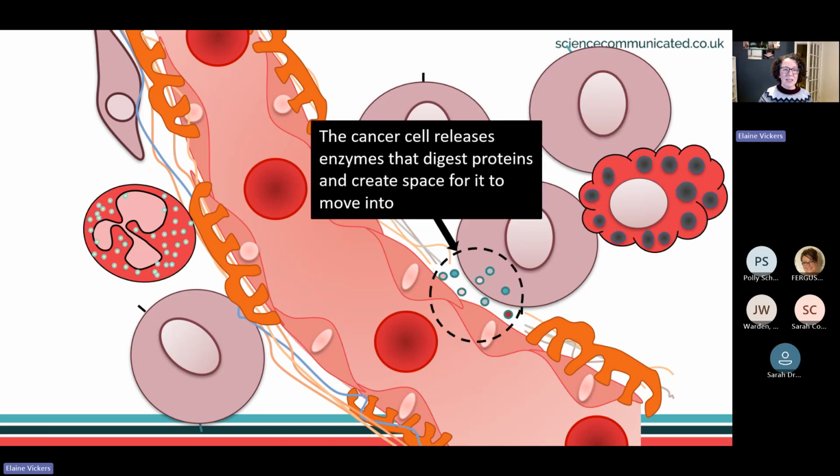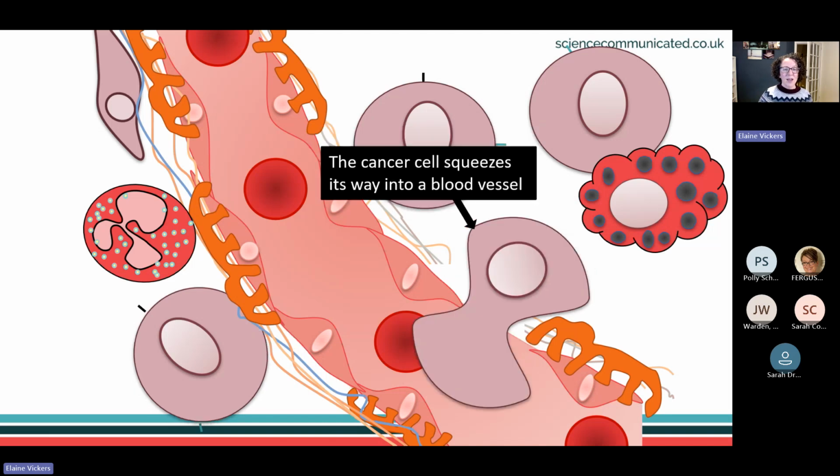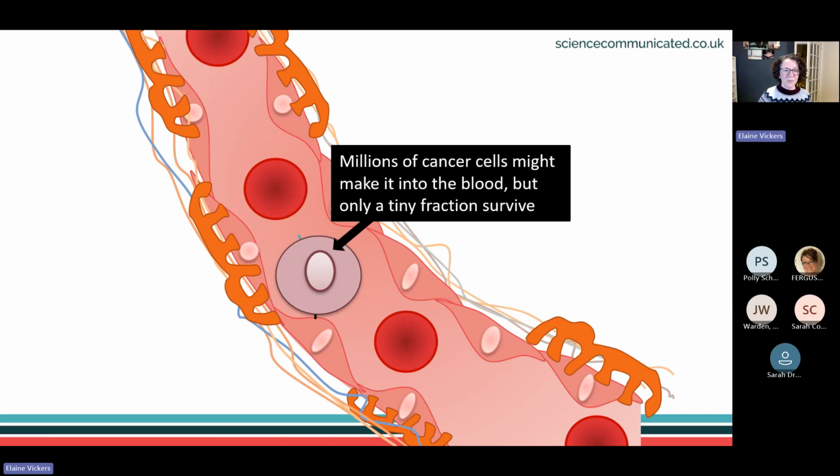The cell releases enzymes that digest proteins that stand in the way of the cell accessing a nearby blood vessel. And it also releases molecules that trigger the blood vessel to become more permeable. The cancer cell is able to squeeze inside the blood vessel.